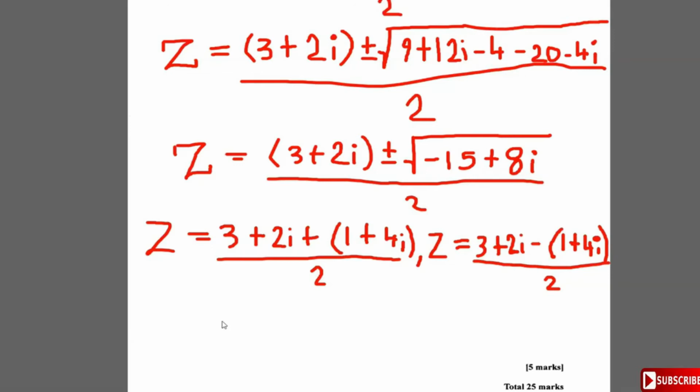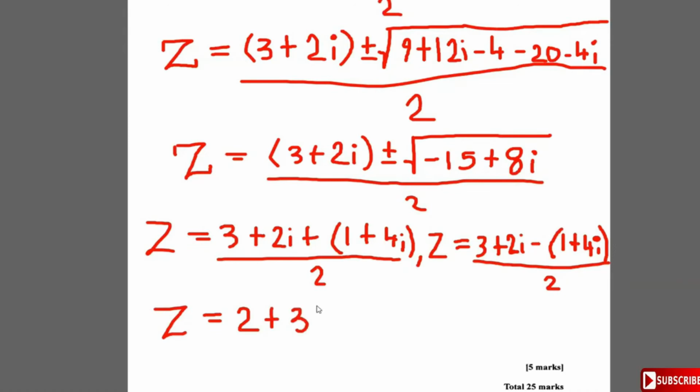So we're getting that z is equal to 3 plus 1 is 4, 4 over 2 is 2. We get 2 plus 2i plus 4i is 6i, 6i over 2 is 3i.